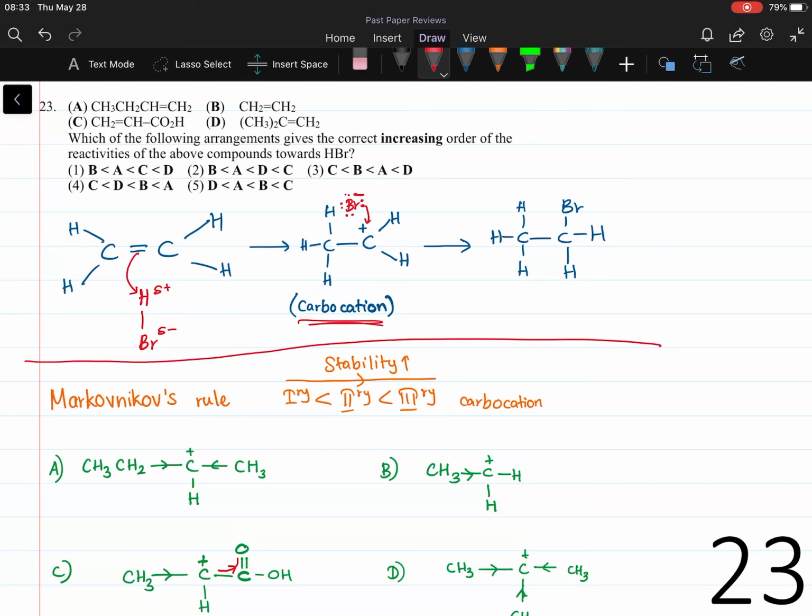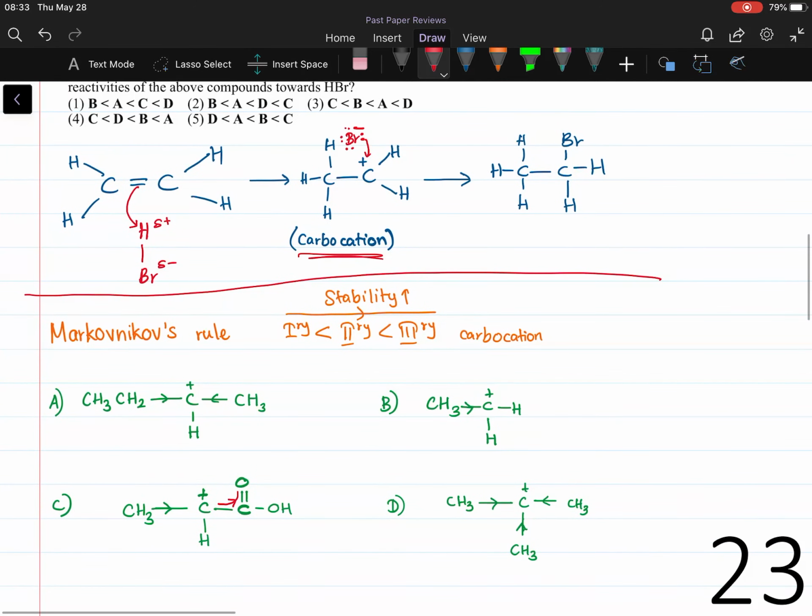The CH3 groups push the electrons away from themselves, reducing the positivity on the carbon. So the greater the number of CH3 groups attached to the positive carbon, the greater the stability of the carbocation. So a primary carbocation has one CH3 group, then secondary has 2, and tertiary has 3.